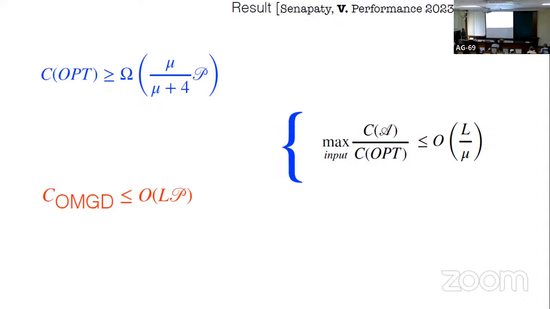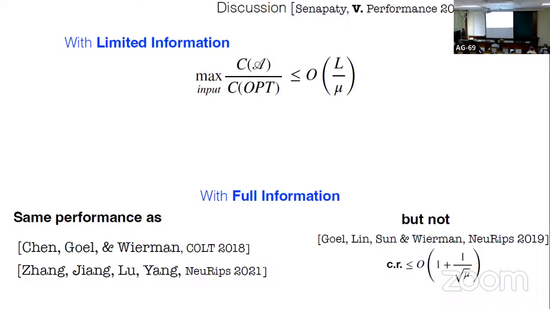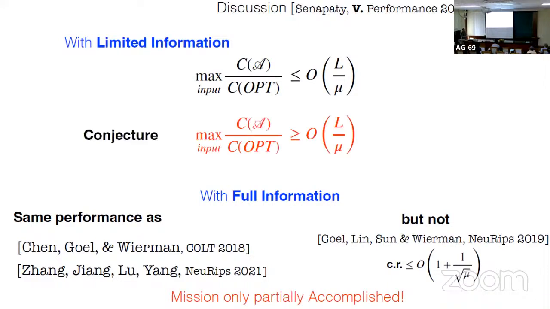The upper bound turned out to be L times the path length. If you take the ratio, we got L by mu. What we wanted was L by square root mu, or 1 by square root mu. We could not get that. For most reasonable algorithms, we were able to show that this is the best you can get. But this bound remains a conjecture because it's not for all possible algorithms. But for most reasonable algorithms, we could show that.